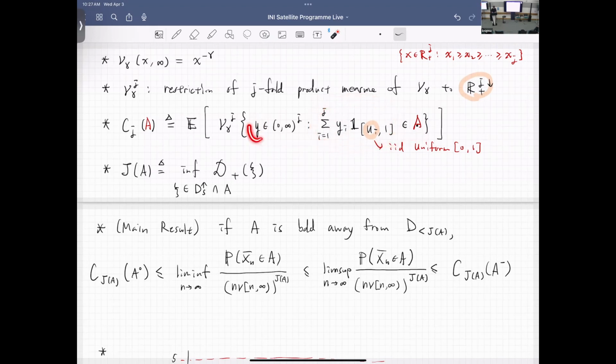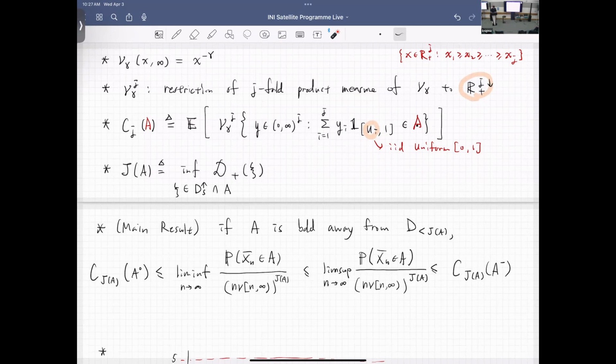So you collect all y's for which this path belongs to A. That is the set that you evaluate nu alpha j at. That set will necessarily be in decreasing order. If it doesn't belong to this set, then it's zero.